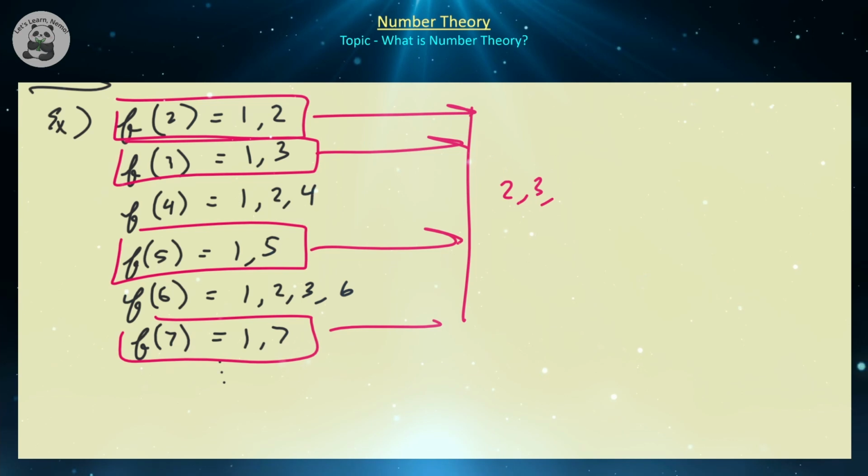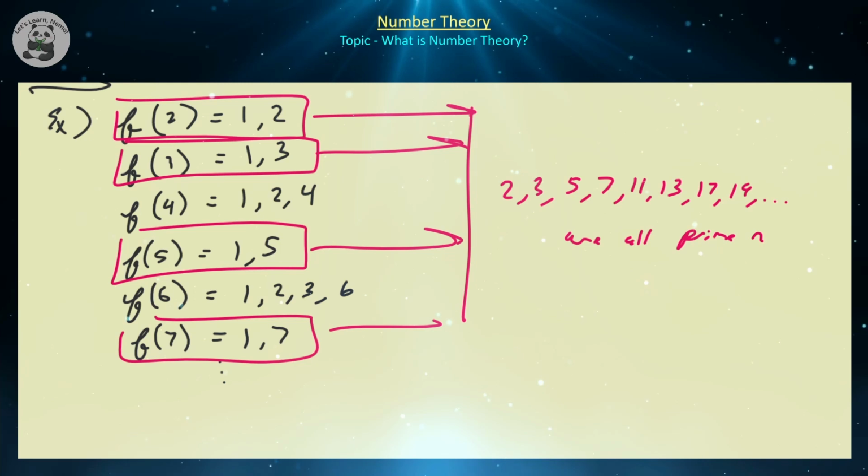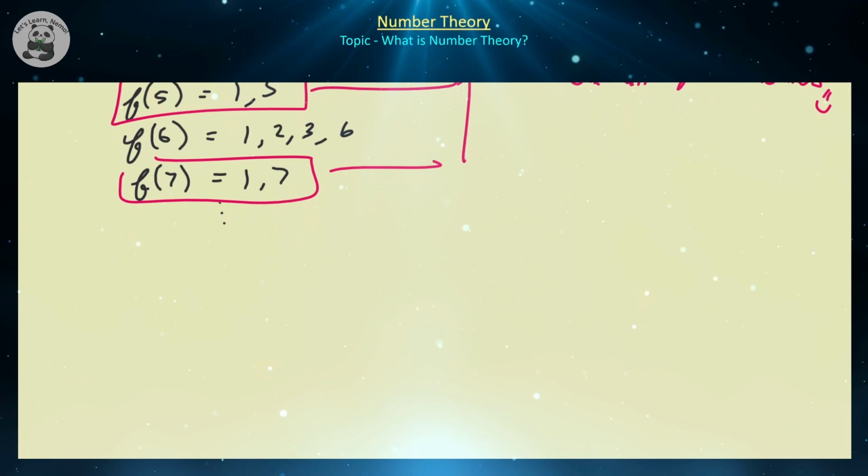So 2, 3, 5, 7, you can continue 11, 13, 17, 19, and so on, are all prime numbers, right? And I invite you to say, okay, is there any pattern between all the prime numbers? Maybe, maybe not. We'll see later, right?